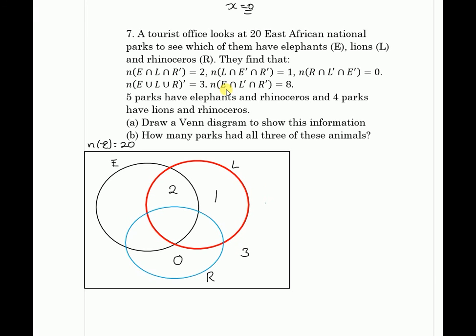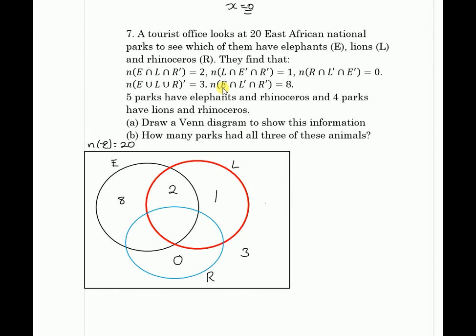Number of elements in E. This one is just E only. That one is 8. E only, because you can see number of elements in E intersection L complement intersection R complement. And remember, intersection means existing in all. So 8 exists in all of these.